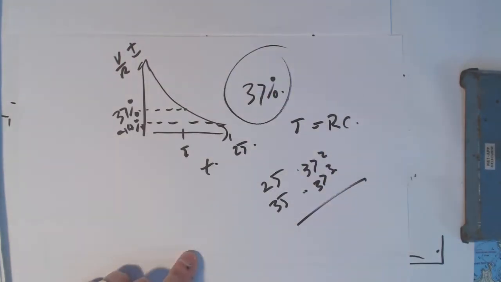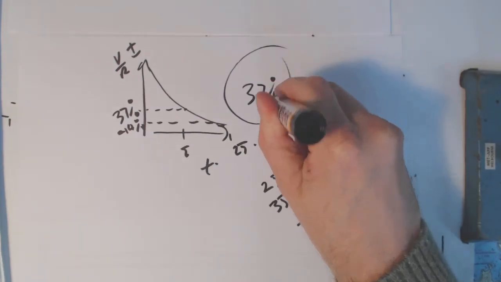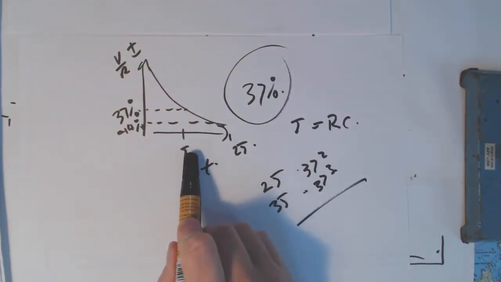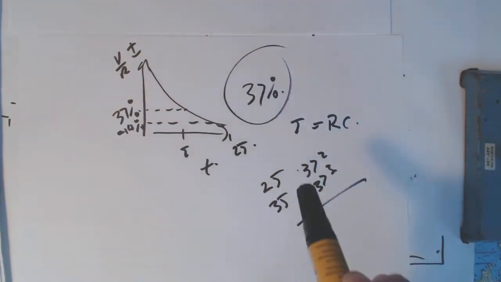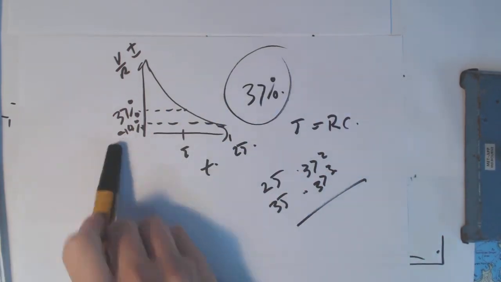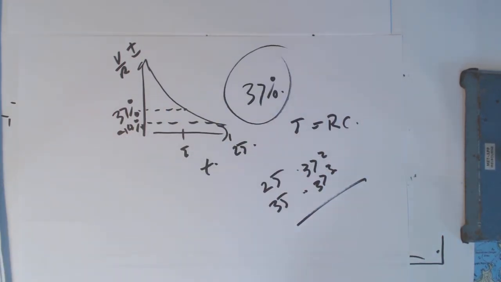And you can work out the current as time goes by in the circuit. This is a real simple way of looking at it. Just going, these graphs, 37%. After 1 time constant, it's down to 37%. After 2 time constants, it's down to 14%. After 3 time constants, it'll be down to 0.37 cubed.